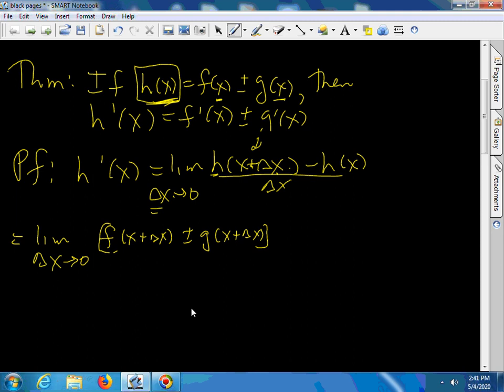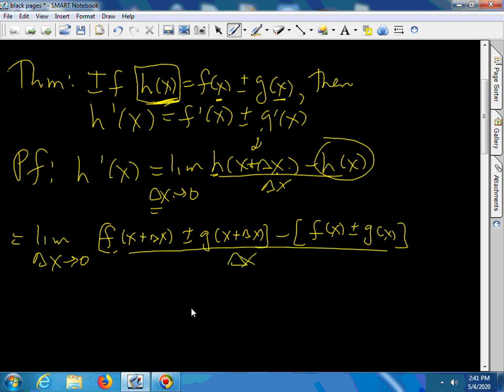And from this, we're supposed to take away h of x, which is f of x plus or minus g of x. And all of this gets divided by delta x.